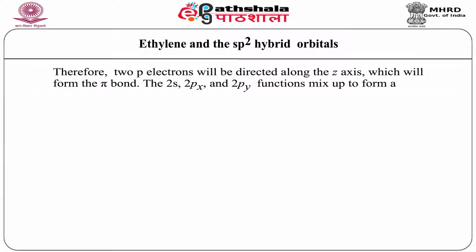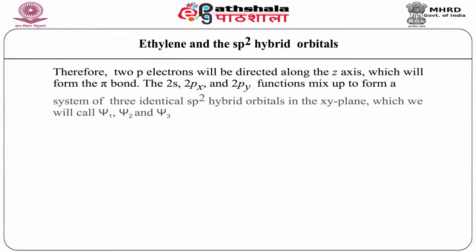Therefore, 2p electrons will be directed along the z-axis, which will form the pi bond. The 2s, 2px and 2py functions mix up to form a system of three identical sp2 hybrid orbitals in the xy plane, which we will call Ψ1, Ψ2 and Ψ3.